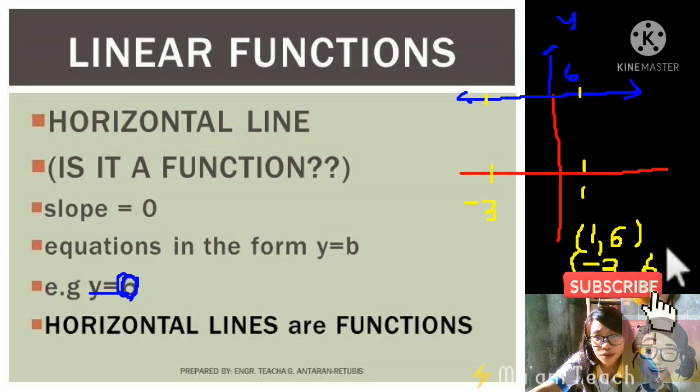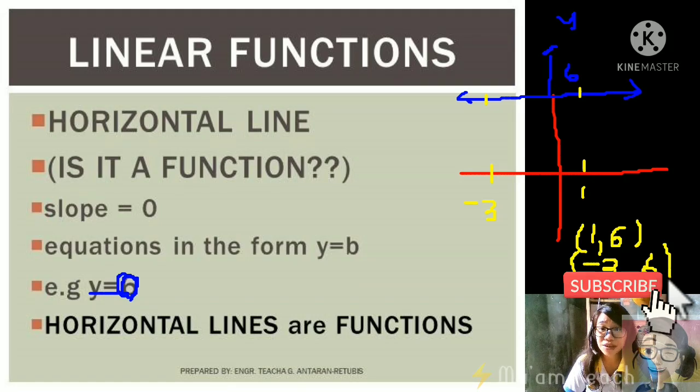Can you follow? So, is it possible that it can be considered as a function? Yes, class. It is still considered a function because we have different inputs, right? We have different values of x. You have 1, you have -3. There's no possibility that there's an equal value of x, unlike the previous one with the vertical line, where we have the same input but different outputs.